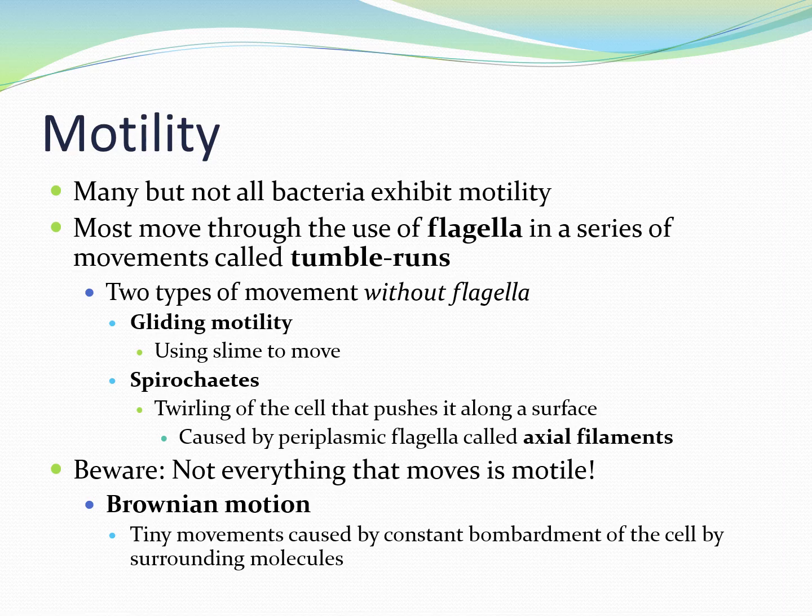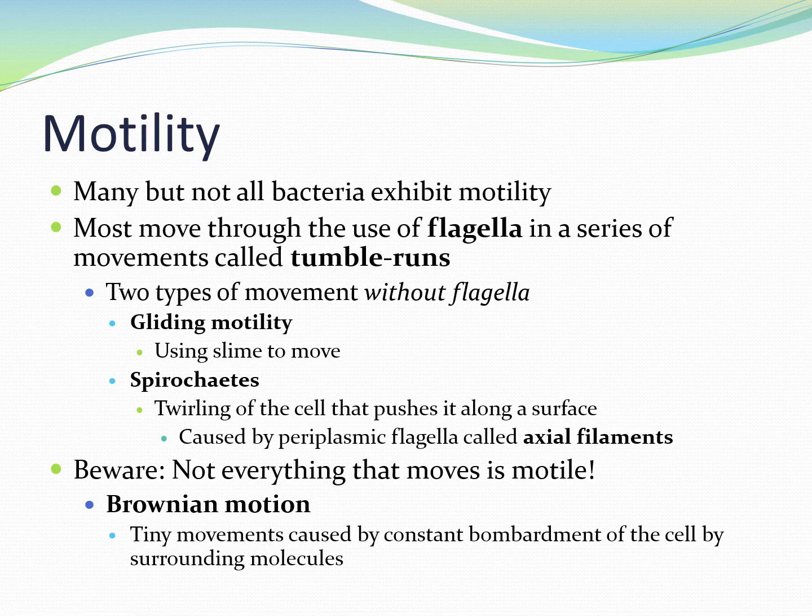So it's a twirling of the cell that pushes it along a surface, and it is caused by periplasmic flagella called axial filaments. So this is a very cute move, and we'll talk about it a little bit more on the next slide. But it's a twirling move that allows the cell to twirl away like a little microscopic ballerina.